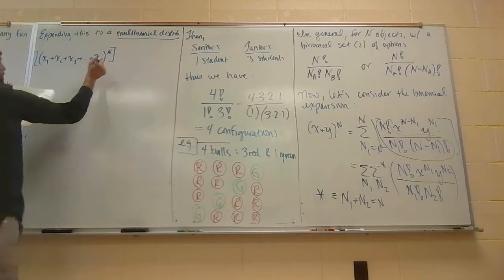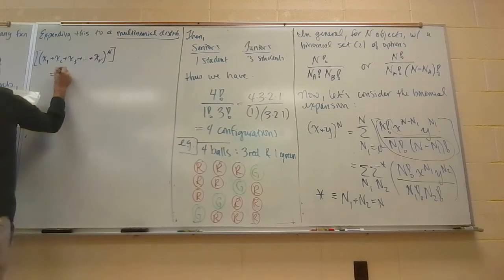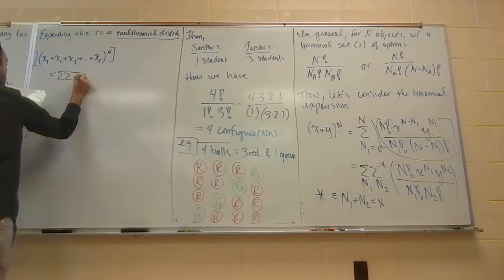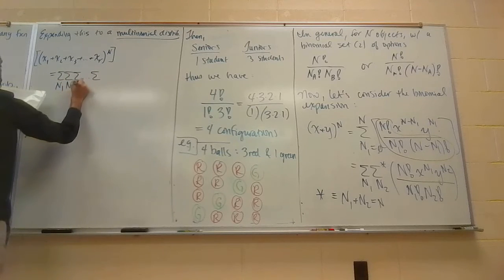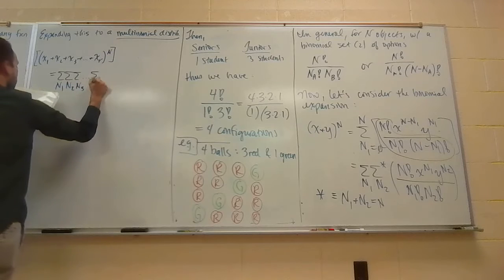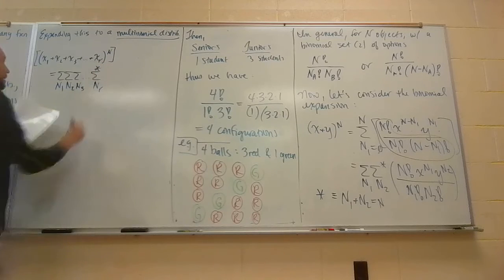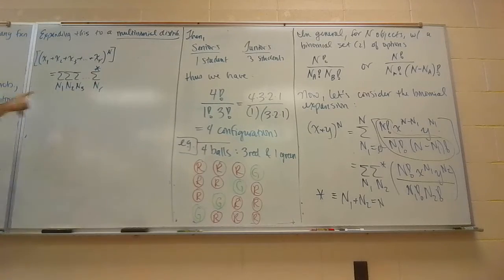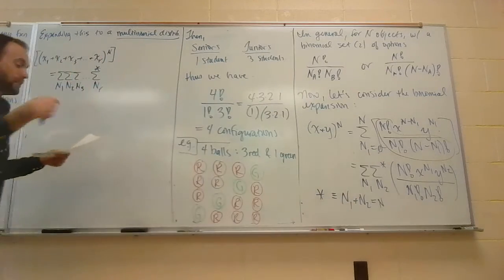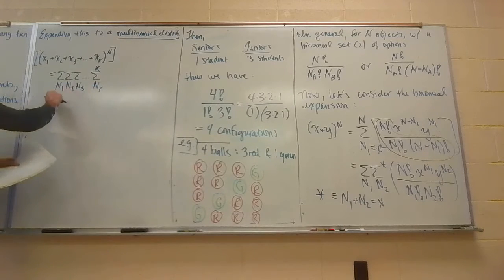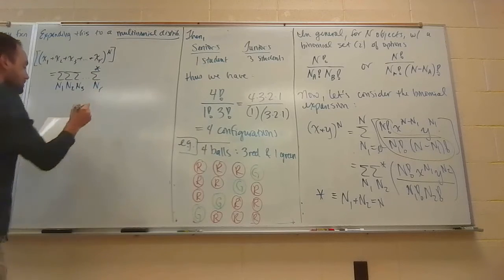That is going to be equal to the sum on n1, n2, n3, all the way up to nr, with the star, where again the star just means that the overall sum of these values of n needs to go up to our total number of particles.